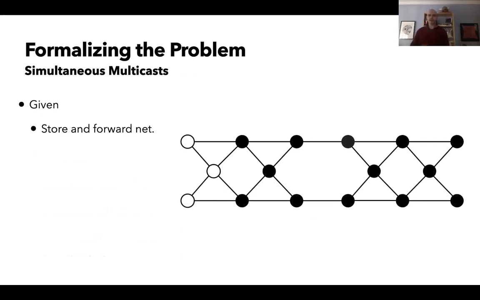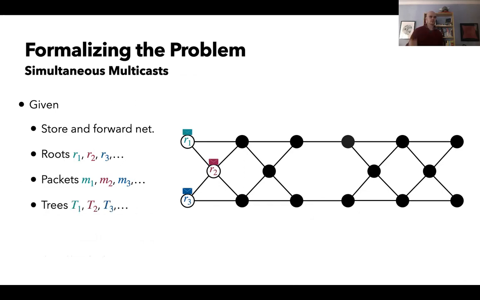Here, we imagine that we're given a store and forward network, but in addition, we've designated some subset of the vertices as so-called roots. Each of these roots has some packet, and along with each root, there's a corresponding tree. I'll notate the packets, trees, and roots in different colors according to which ones they correspond to.